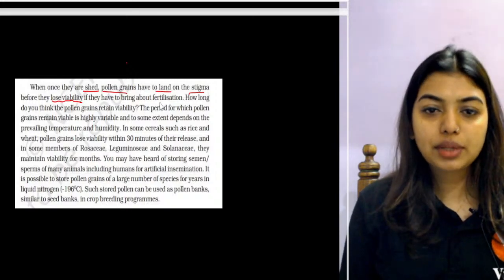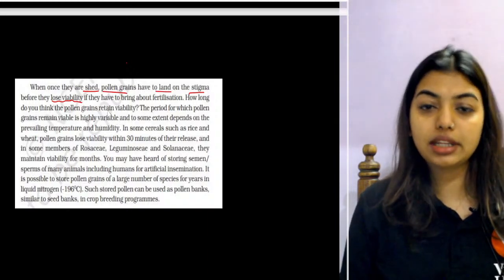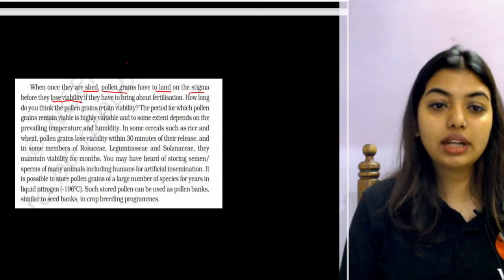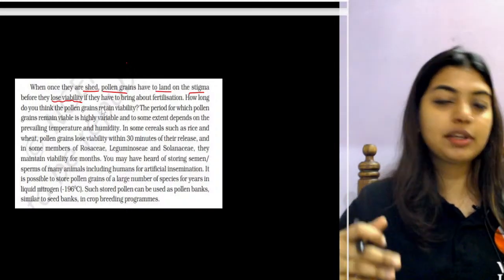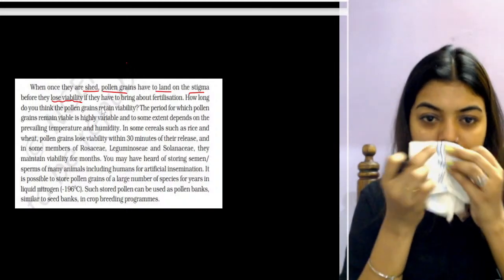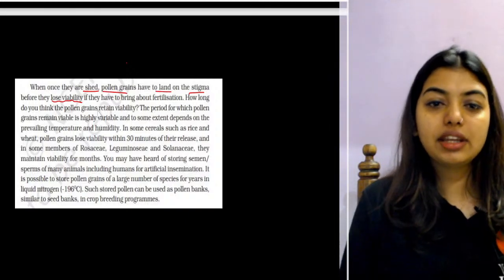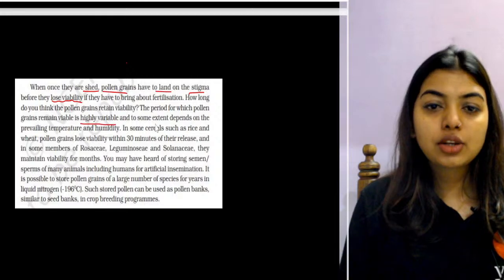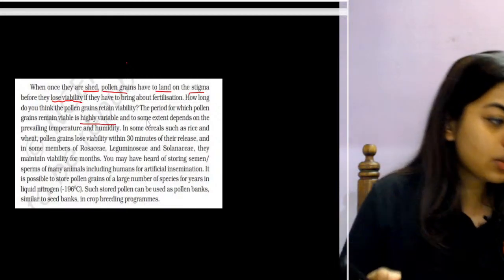If they have to bring about fertilization, how long do you think the pollen grains retain viability? The period for which the pollen grain will remain viable is highly variable from species to species, and to some extent depends on the prevailing temperature and humidity. Yes, that also definitely matters.